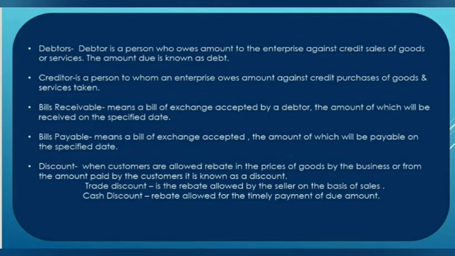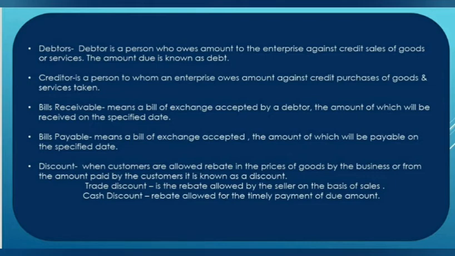A debtor is a person who owes an amount to the enterprise against credit sale of goods and services. For example, when goods are sold to a person on credit, that person is called your debtor, because he owes the amount to the enterprise, and the amount which is due is called your debt.